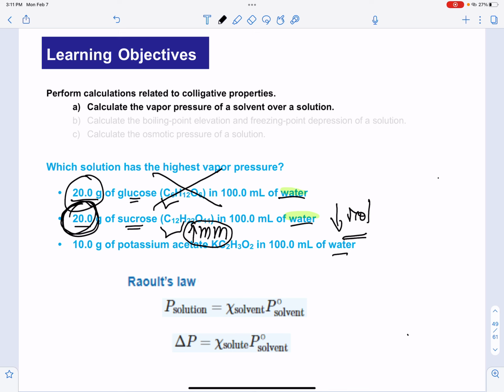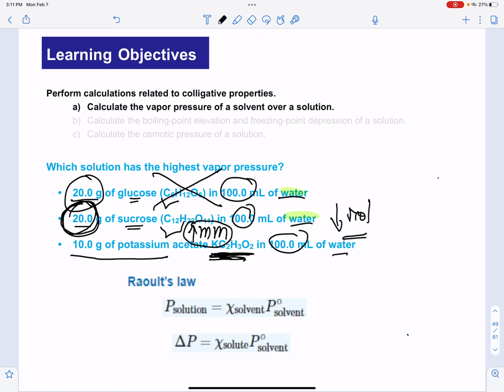What about the other one? Well, the other one is going to be 10 grams of potassium acetate, and we know the formula. The amount of water is the same, by the way, so no factors there. So we're going to have to see the moles of the solute, right? So you're going to take 10 grams and divide it by the molar mass of that. And that's going to give us so many moles.